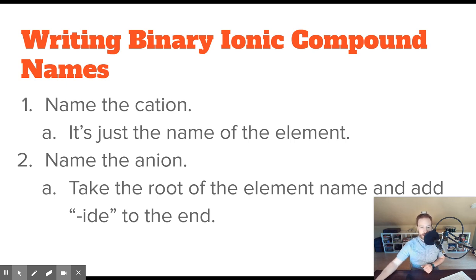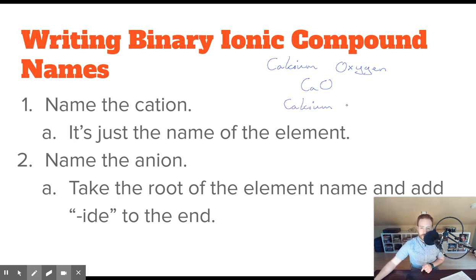So our original example was calcium and oxygen, and they formed this compound here. Well, to name that compound, you just take the name of the first element right off the periodic table, calcium.